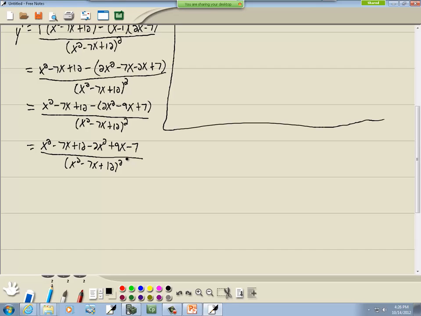Now we're going to combine like terms. X squared minus 2x squared gives us negative x squared. Negative 7x plus 9x gives us positive 2x. 12 minus 7 gives us 5 over the denominator.